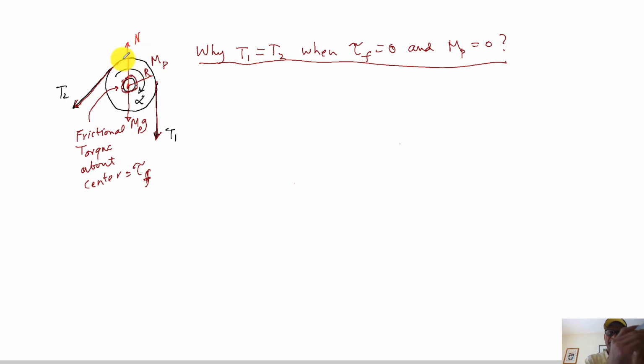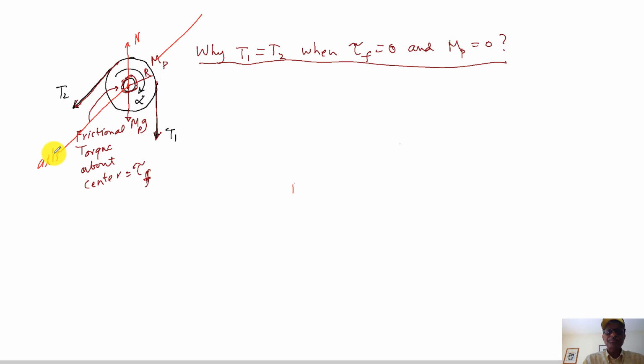Regardless of which way the normal is pointed here, it may be pointed some other direction depending on these tensile forces, but the line passes through the center, and the center is where the axis is coming out. That's the axis about which it's rotating.